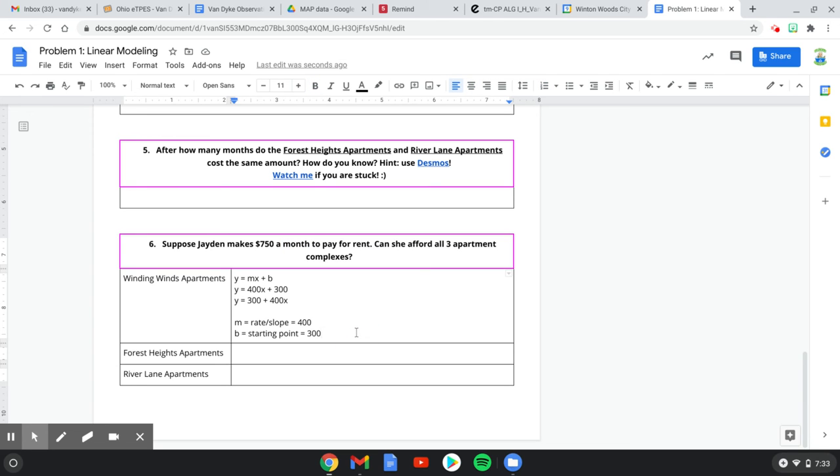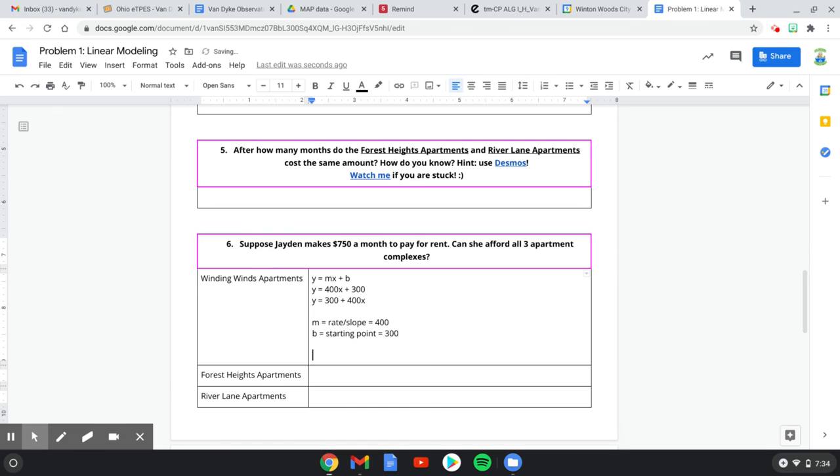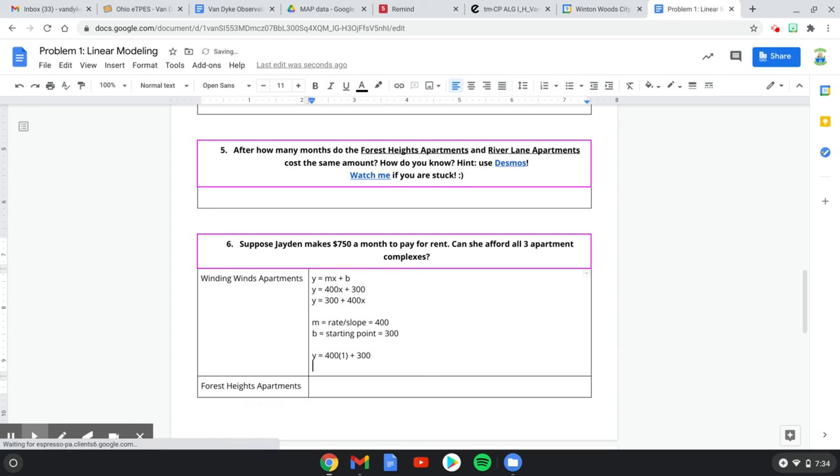Instead of putting in 3 for x like I did before, because I was trying to find the cost after 3 months, I'm just going to put in 1 for x because it's asking me the cost after 1 month if she can afford it. And I'll know if she can afford it if my number is less than $750.